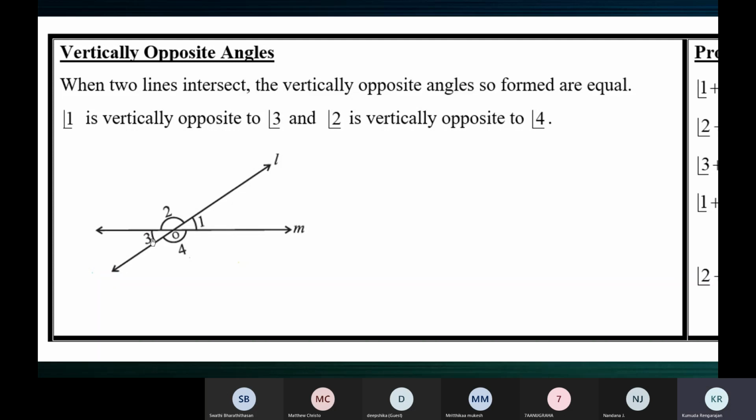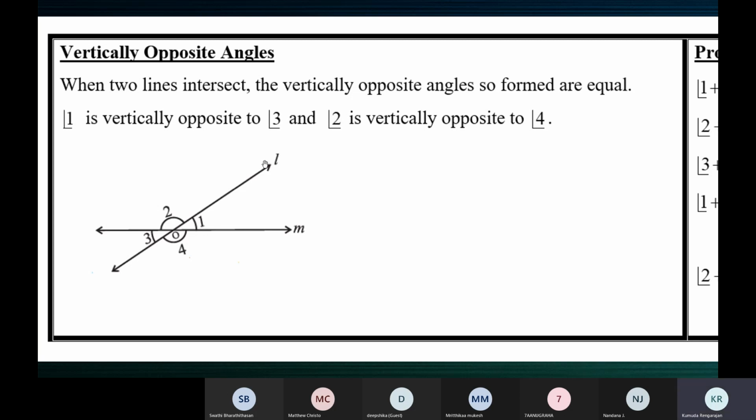You can see they lie on the line. Angle 3 plus 4 are adjacent angles because they have a common vertex, common arm, and their non-common arms are opposite rays. So angle 3 plus 4 is equal to 180. So using line M, we can write two results: 1 plus 2 is 180, 3 plus 4 is 180.